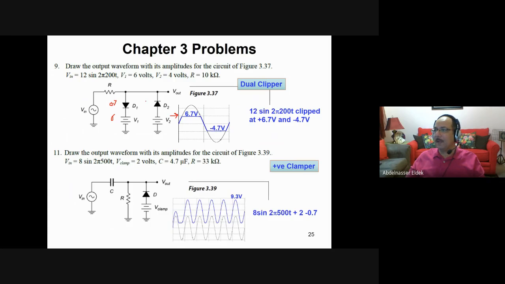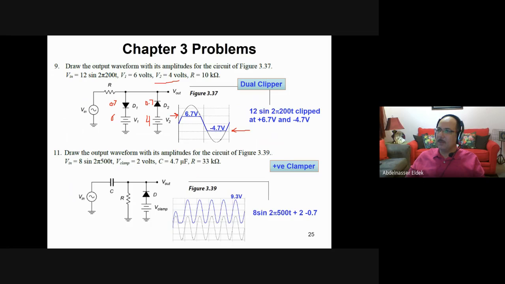For the negative half, this is 0.7 again, and the voltage here is what? 4 volt. Then it will be clipped at negative 4.7 in the negative half. So this is how the signal looks like. It will be clipped at positive 6.7 and negative 4.7.